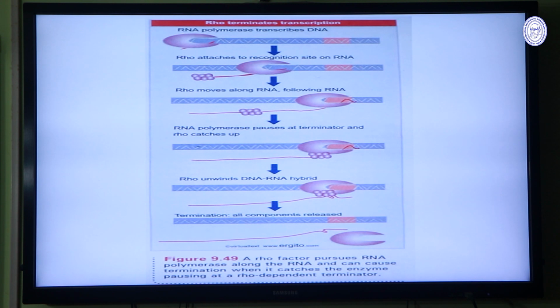And ultimately with the help of ATP hydrolysis, Rho unwinds the DNA-RNA hybrid and the RNA chain is liberated from the DNA template, and the full length RNA is transcribed, that may act as messenger RNA, or after processing may act as ribosomal RNA or tRNA.